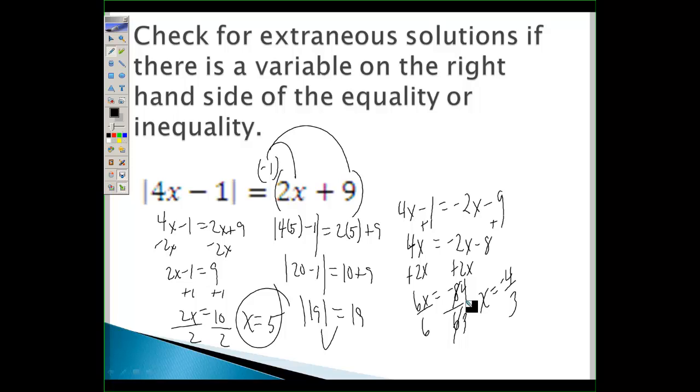We need to see if this is truly a solution. Let's find out. We said that x equals -4/3. Let's plug that in to our equation and see if it works.